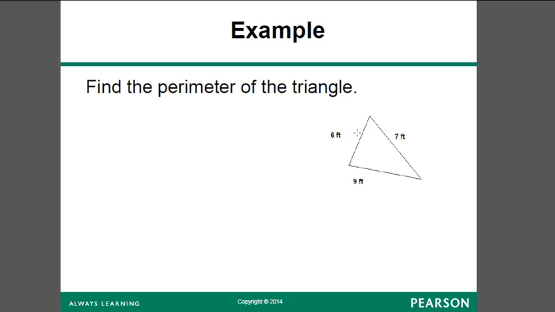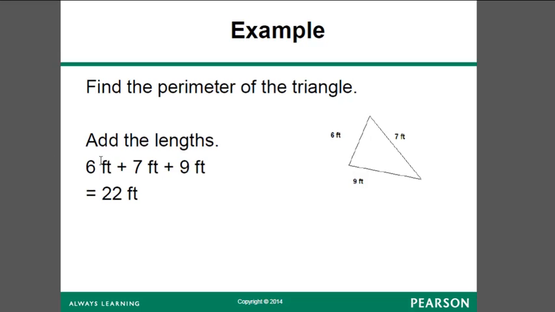If we have one side that's 6 feet, one side that's 7 feet, another side that's 9 feet, to find the perimeter, I'm going to add the lengths. 6 feet plus 7 feet plus 9 feet will give me 22 feet.